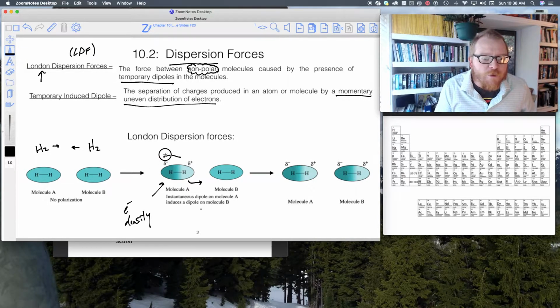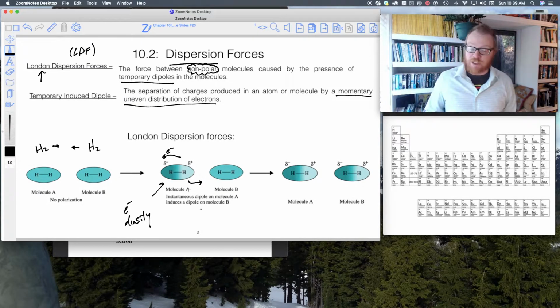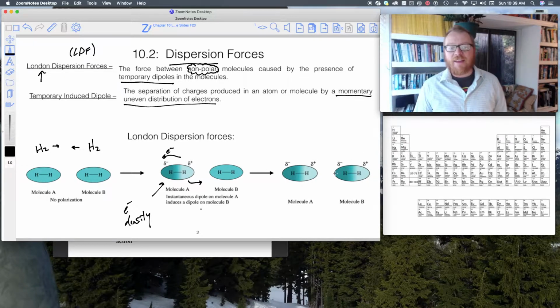So they all move over to the other side of the molecule, leaving this side of the molecule partially negatively charged, which leaves the other side of the molecule partially positively charged. And then as molecule B gets closer to molecule A, that induces temporarily the same type of dipole moment.